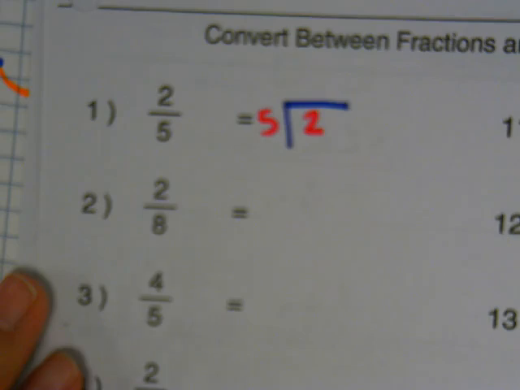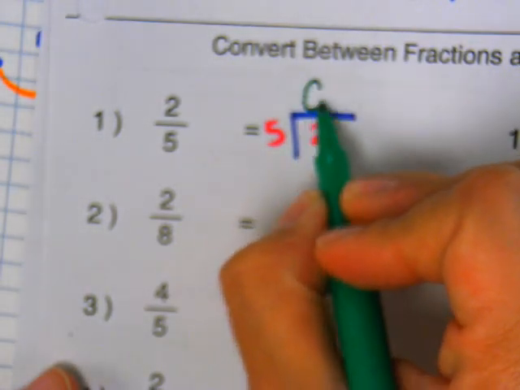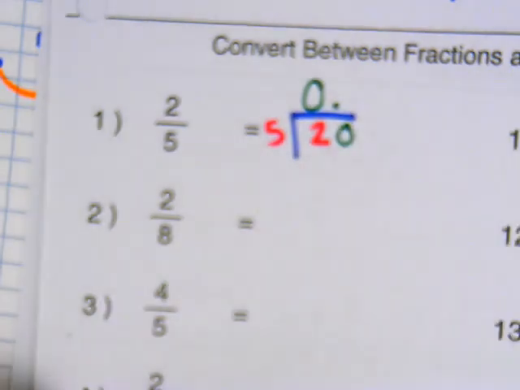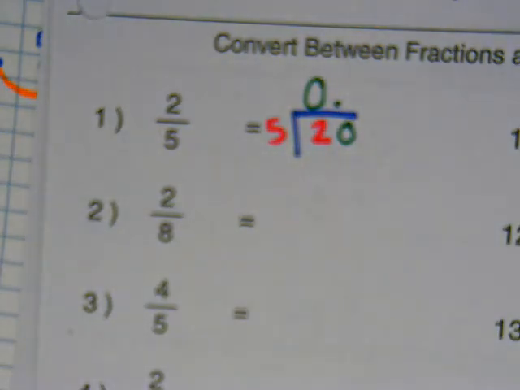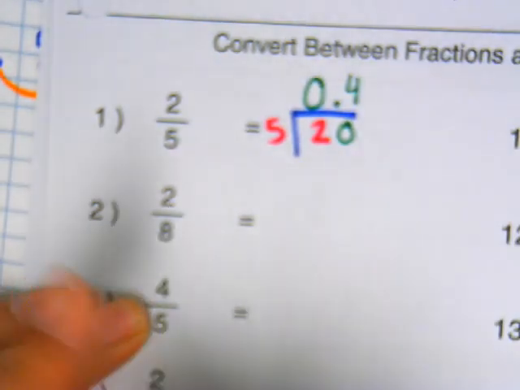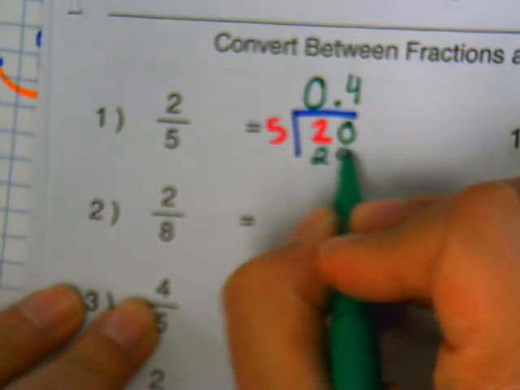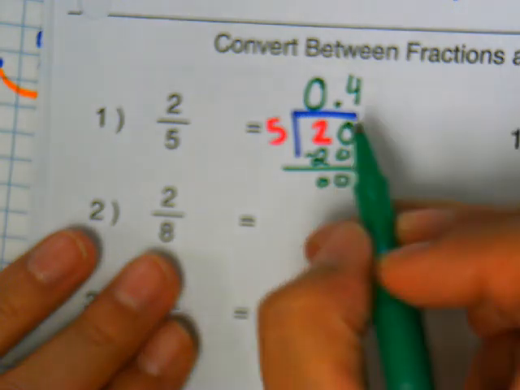All right. Does 5 go into 2? Nope. 0, decimal, 0. How many times does 5 go into 20? 4. 4 times 5. Okay. So now this is my decimal.